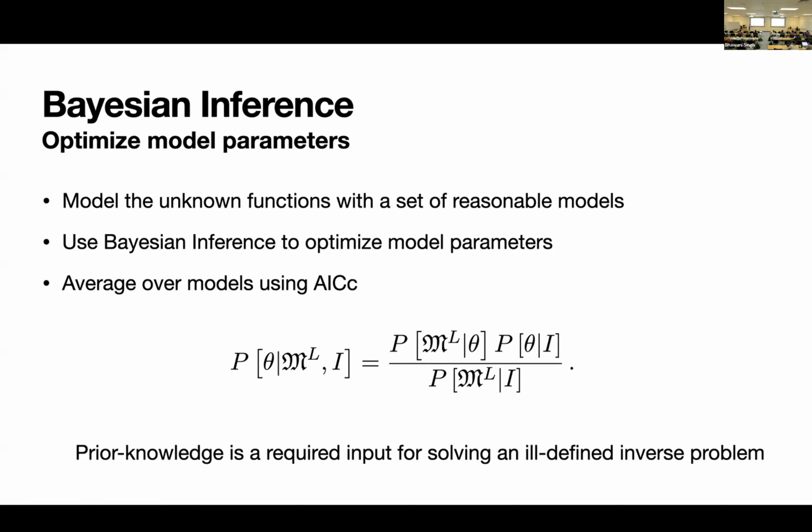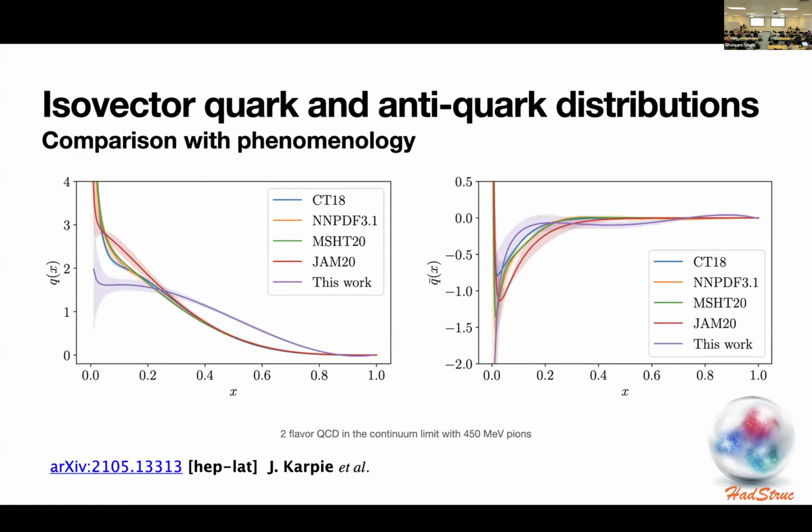So by setting up an appropriate prior probability for my model and my likelihood, which is basically chi-square, you all have done a fitting, then I can obtain the posterior distribution, which gives me the probability of the parameters of my model given the data and the prior information. So that is the methodology that one uses in order to obtain the PDFs.